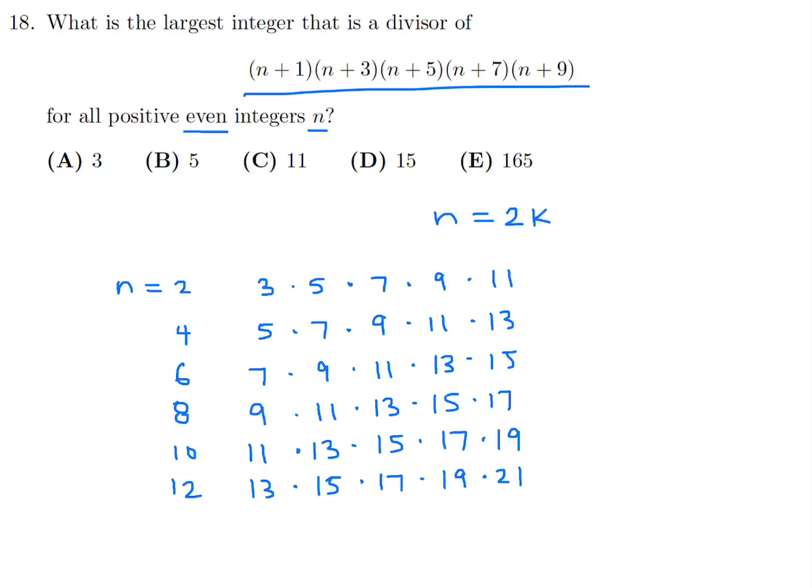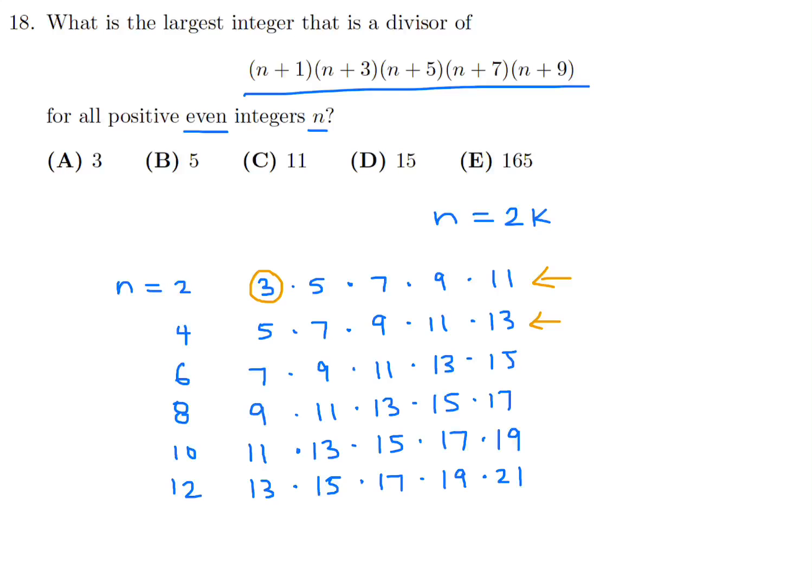All right, so here's a list of the first few n's. They're saying, what is the largest integer that is a divisor of this? So we have to look for something that's always going to appear. How about this guy, 3? Does it appear in all of these? Well, 3 is a multiple of this one for sure. It doesn't appear here, but 9 does.